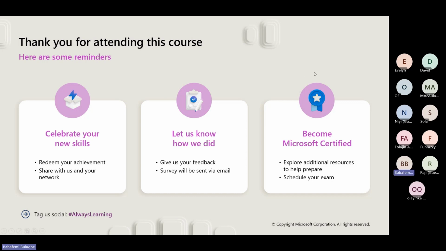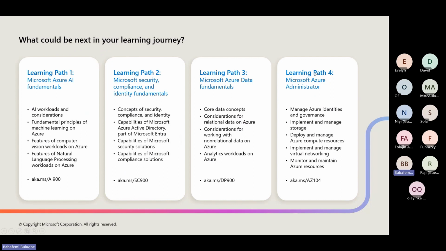So the next thing is, where do you want to head into? Do you want to go into Azure AI? Security, compliance, and identity fundamentals? Data fundamentals, or the Azure Administrator? The good thing is, when we talk about the Azure Administrator, it incorporates all these.